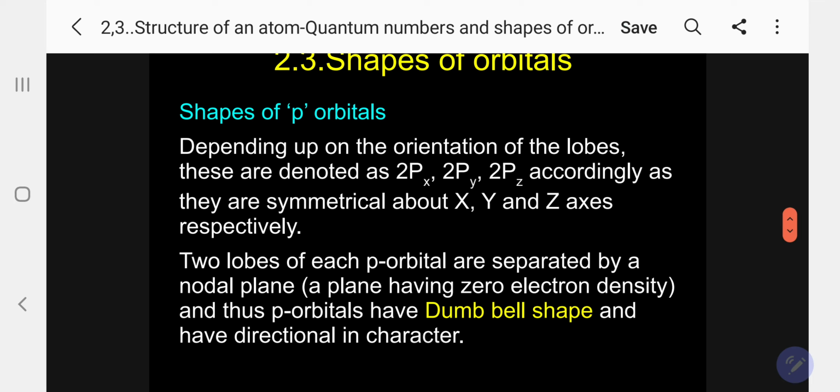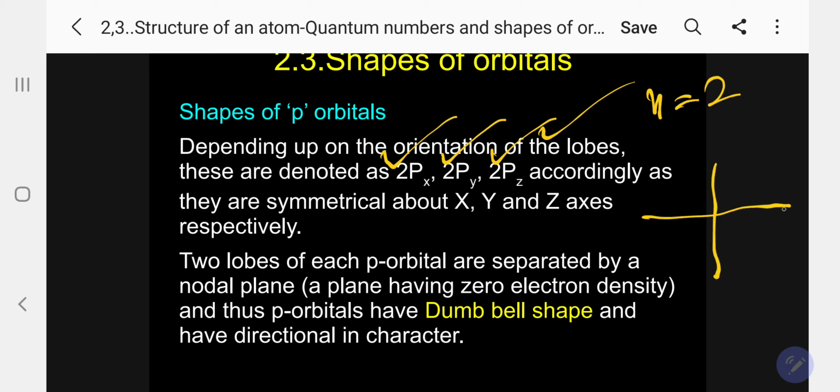Continuation of p orbitals. Depending upon the orientation of the lobes, these are denoted, in the case of n equal to 2, as 2px, 2py, 2pz, as they are symmetrical about x, y, and z axis respectively. Kindly follow now. I can draw.